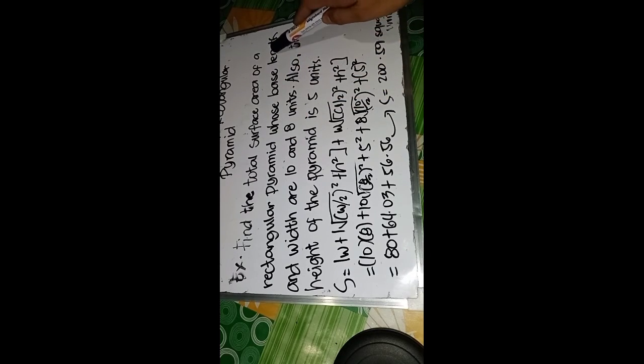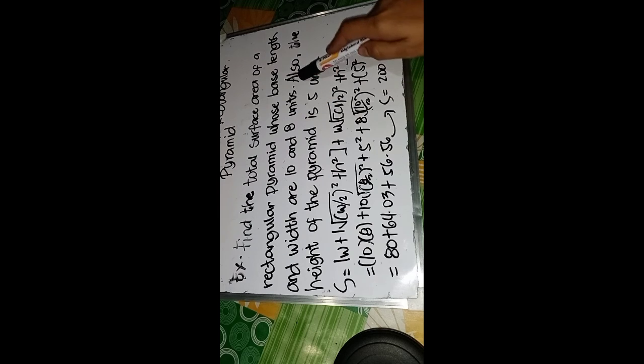Just like the example: find the total surface area of a rectangular pyramid whose base length and width are 10 and 8 units. Also, the height of the pyramid is 5 units. So this is our formula. 10 times 8, plus 10 times the square root of (8/2) squared plus 5 squared, plus 8 times the square root of (10/2) squared plus 5 squared.